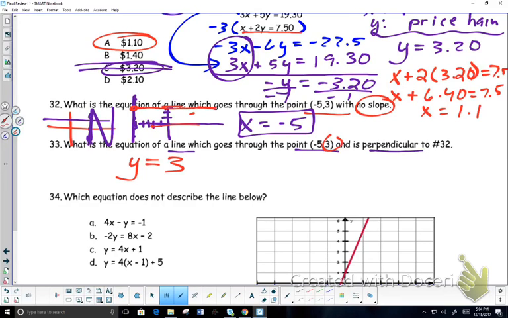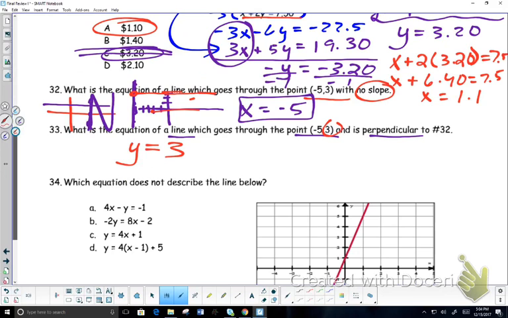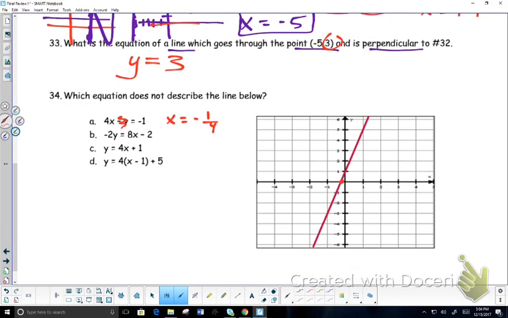34. Which equation does not describe the line below? Oh, jeez. Let's see. If I use the hand, I would get x equals -1/4. X equals, well, that could be negative 1/4. This one right here, I'd get y equals 1.